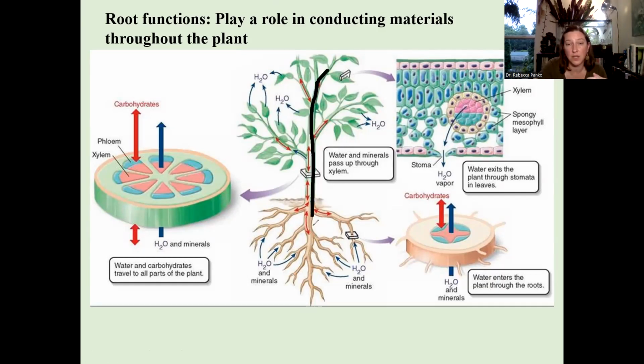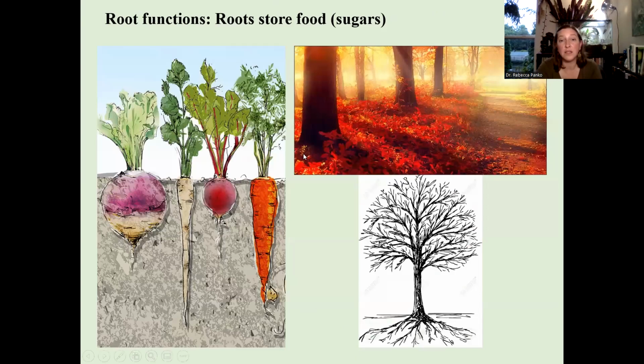And in some plants, the sugars get transported to the roots and get stored there. And that is what happens in the case of roots like a carrot or a sugar beet or a turnip. The reason we eat them and they're sweet is because the sugars the leaves made got stored in those roots.